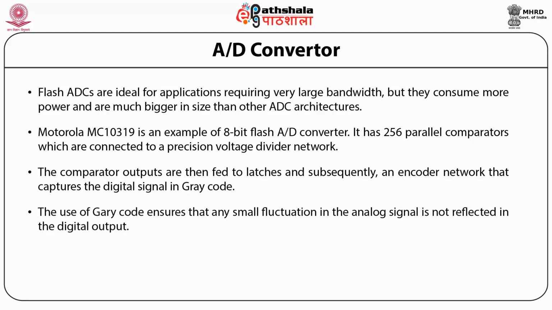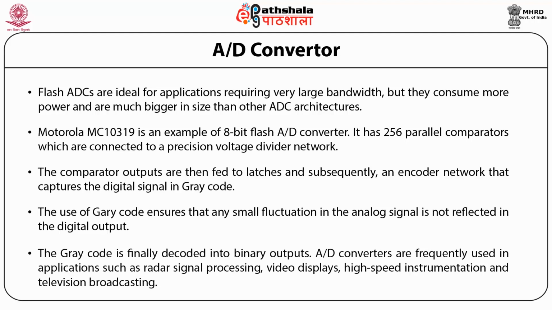The use of gray code ensures that any small fluctuation in the analog signal is not reflected in the digital output. The gray code is finally decoded into binary outputs. A to D converters are frequently used in applications such as radar signal processing, video displays, high-speed instrumentation, and television broadcasting.